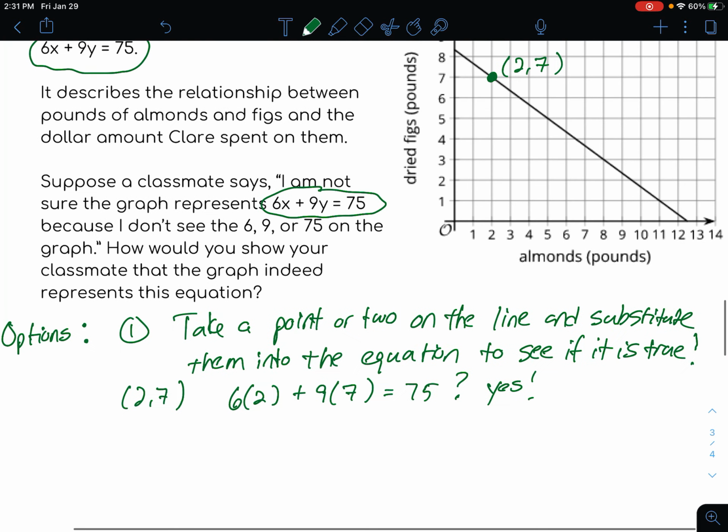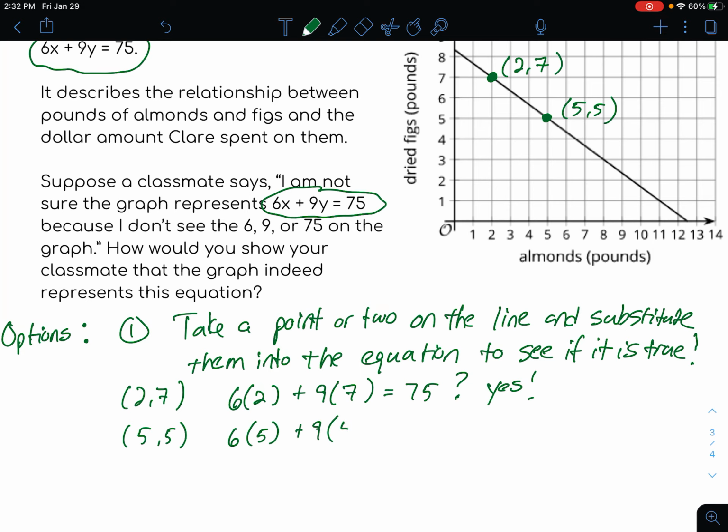Yes, it works. But we could have a different line that goes through that same point, so let's double check by finding another point. Let's continue to go down the line. Okay, here's another one. That's the point (5, 5). Let's see if that works. Same equation: 6 times 5 plus 9 times 5, does that equal 75?